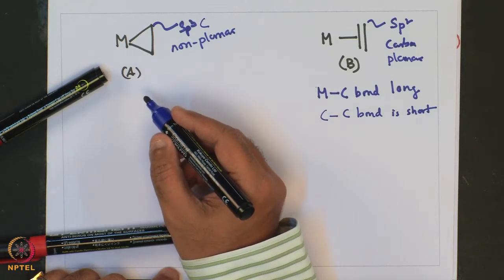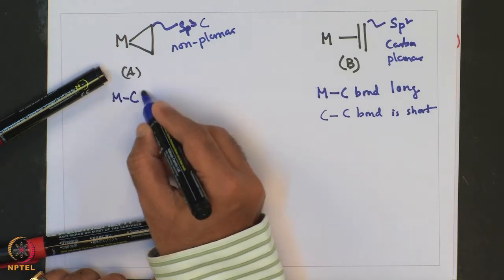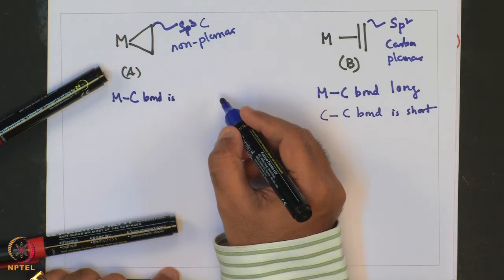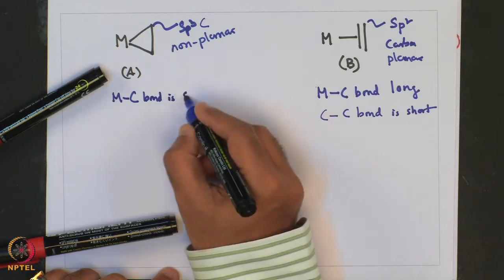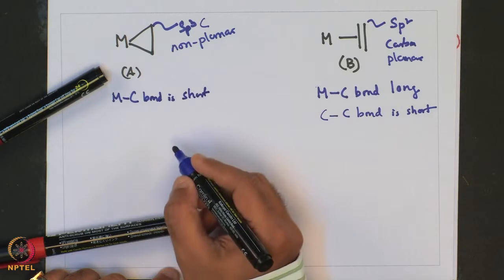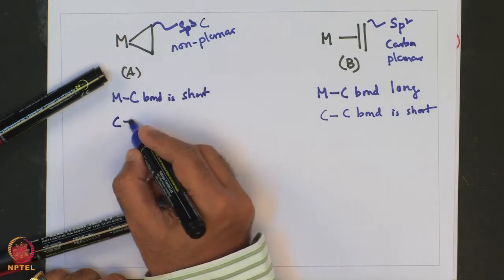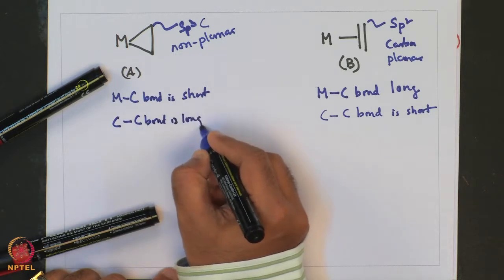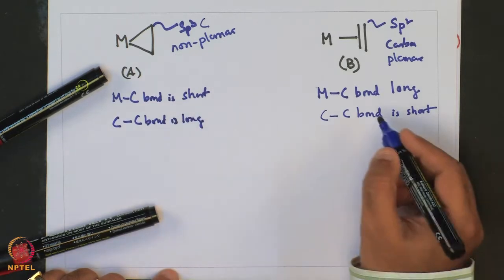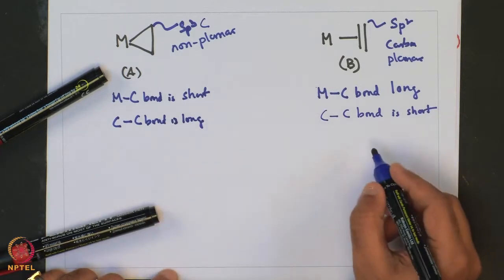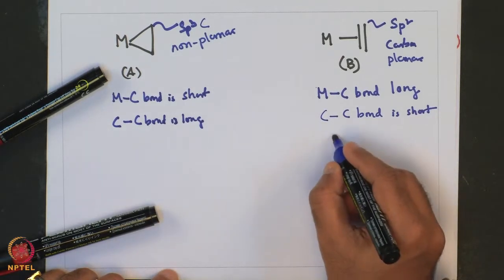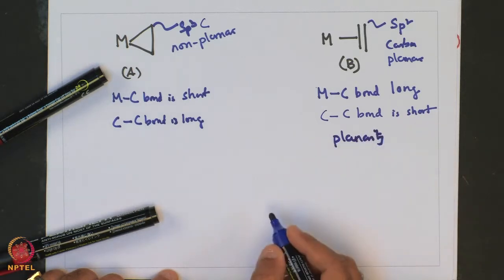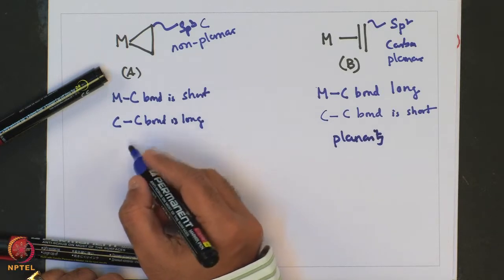In structure A, the MC bond is short and the CC bond is long, and in structure B, the planarity of the olefin is maintained. In structure A, it is non-planar.